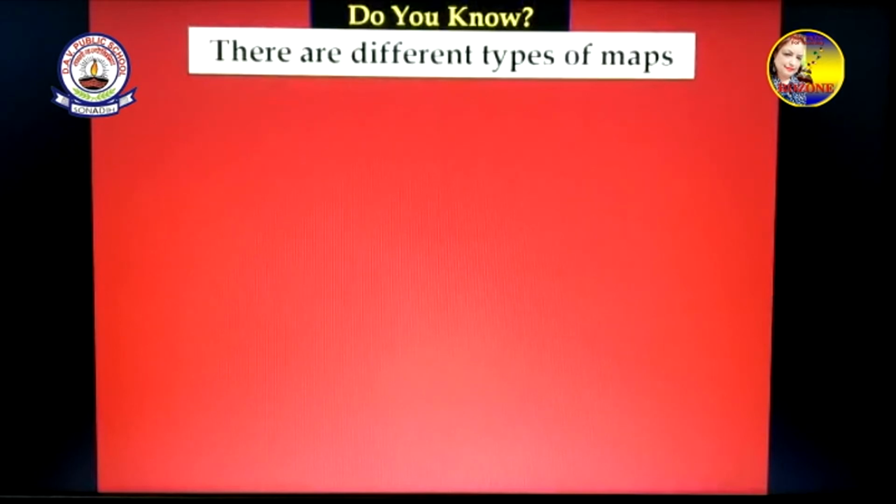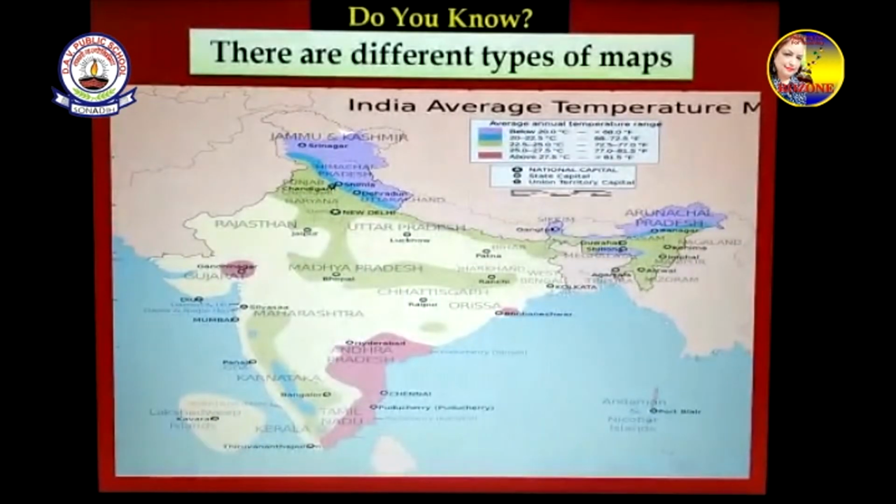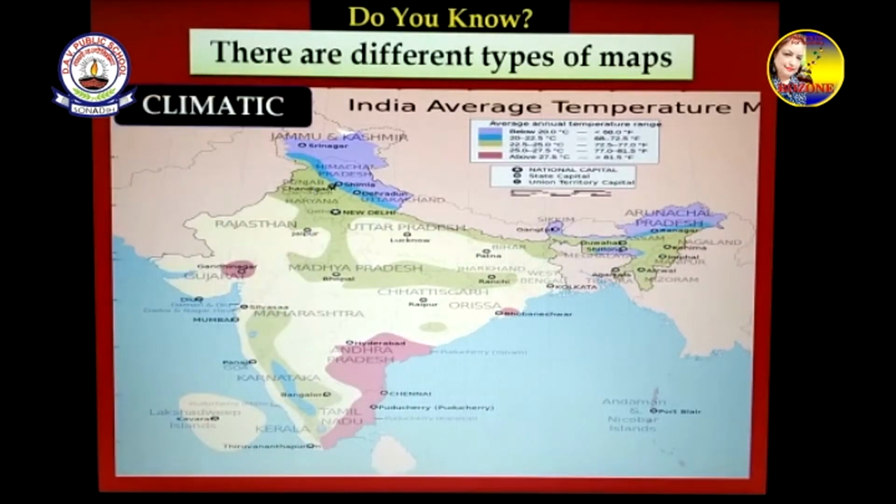Do you know there are different types of maps? You must have seen only one or two types of maps which you do in your notebook, like political maps. But you are going to see many other maps in this lesson. You can see the map here, a climatic map.